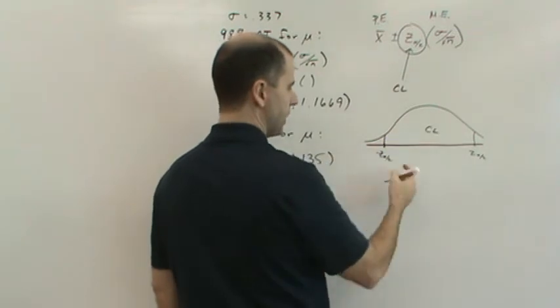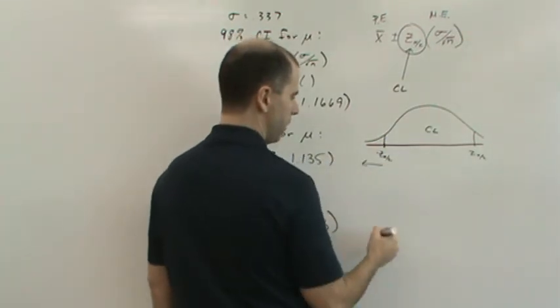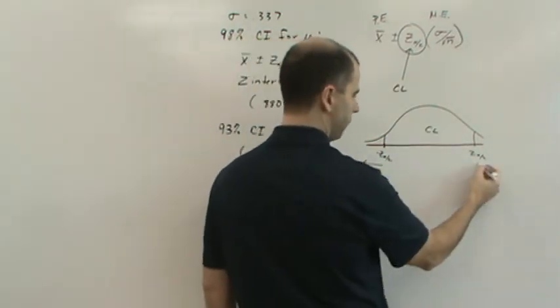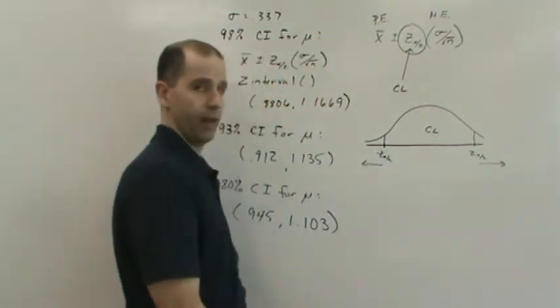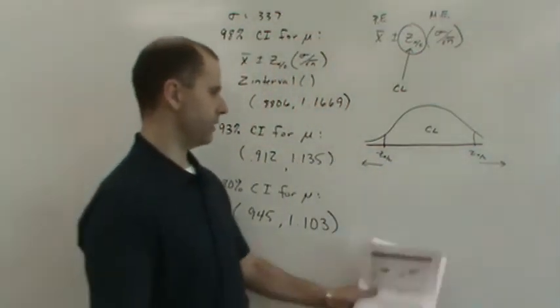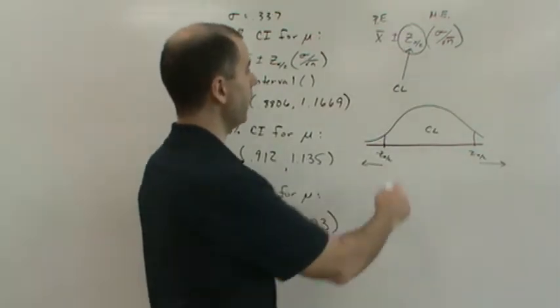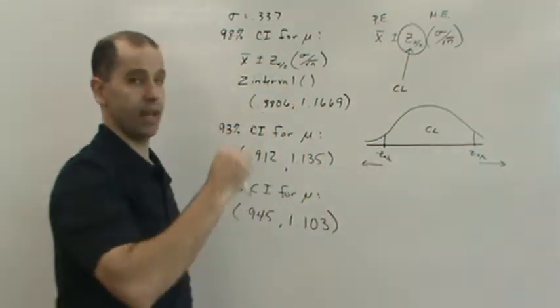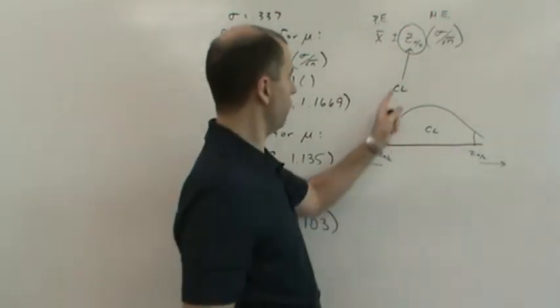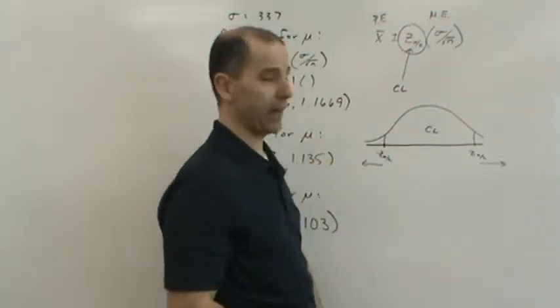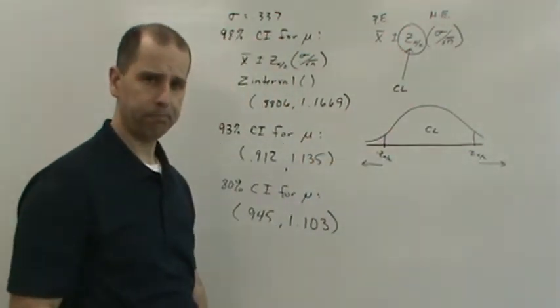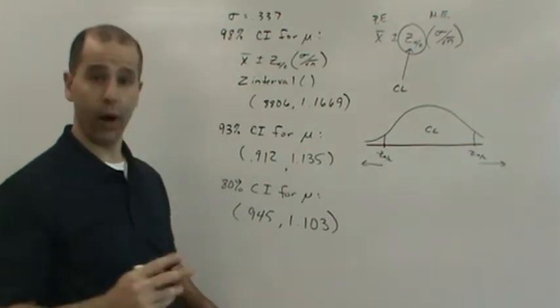This value is heading out that way, and this value is heading out the other way. So the margin of error is getting bigger, because the two values, plus or minus, are getting bigger. So that's one way to look at it.